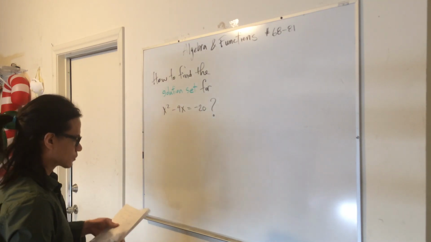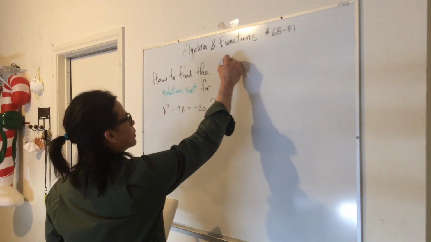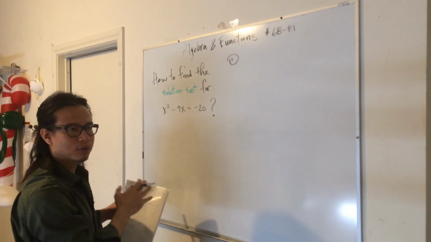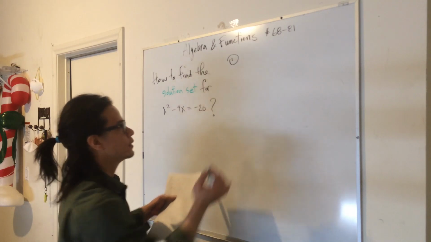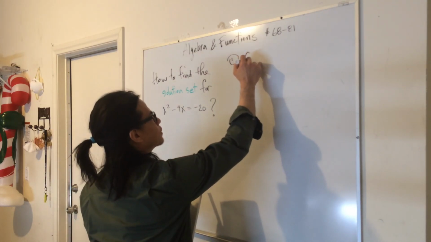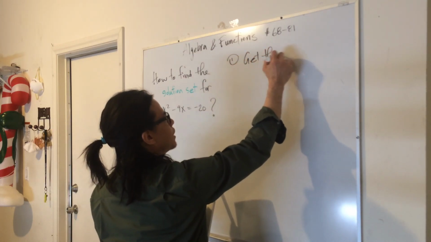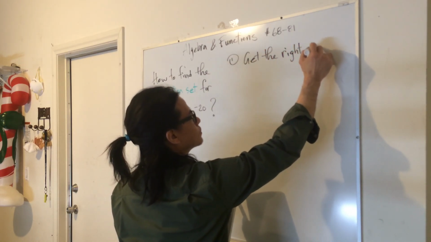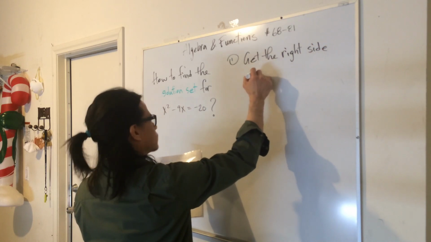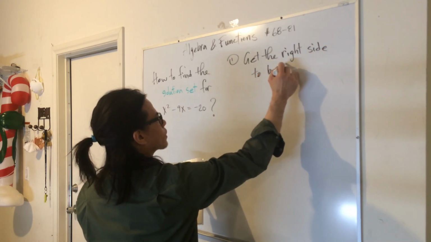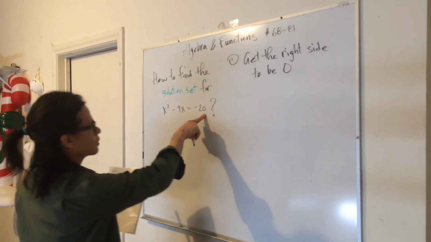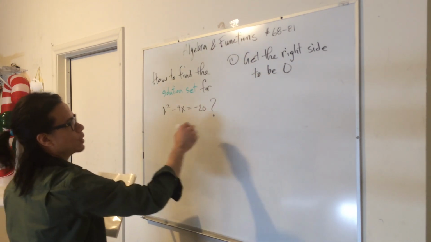Okay. So, step one, we're going to get the right side to be 0, like the previous question that we went over. So let's get the right side of the equation to be 0. You can do that by getting rid of the negative 20.